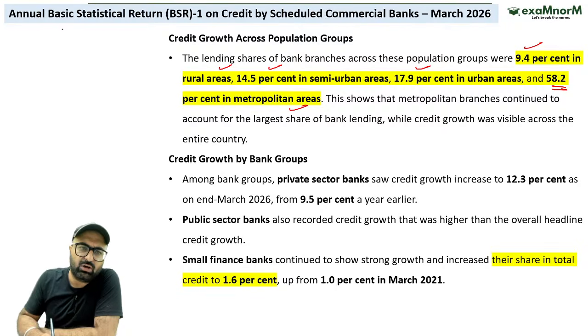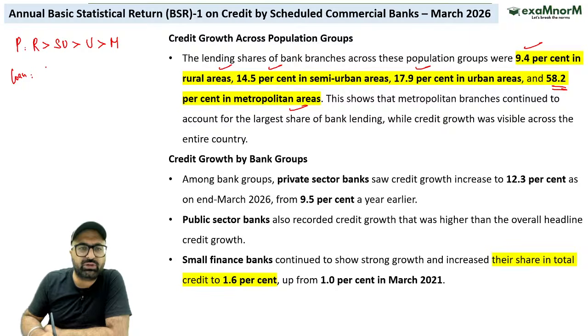So obviously अगर मैं कहूं population-wise, सबसे कम population rural area में, then semi-urban, then urban, and then metropolitan. In a similar manner, if I talk about the loan, highest loan is obviously given in the metropolitan cities, then urban cities, then semi-urban areas as well as then rural areas.